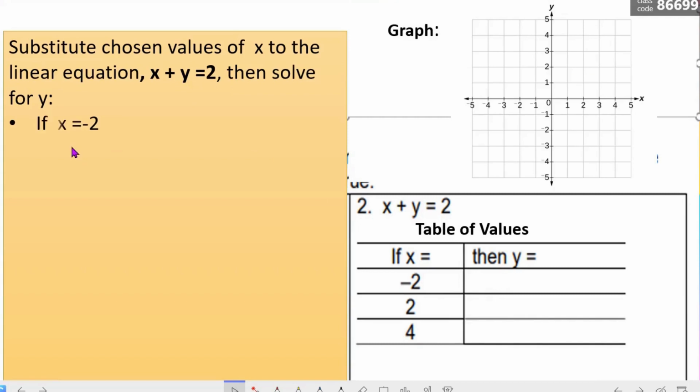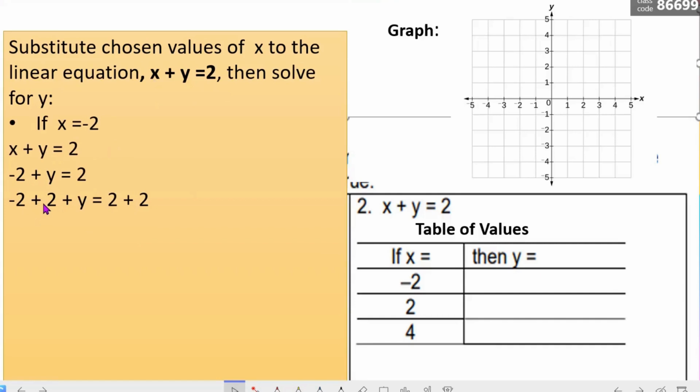So that's our method. If x is -2, let us substitute it over here. So that's our equation. We'll substitute -2 for x in x plus y equals 2. By addition property of equality, let us solve for the value of y. So we add 2 to both sides of the equation in order to eliminate the -2 and solve for y.